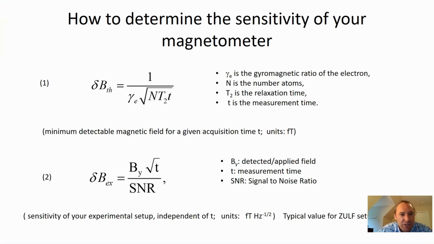Just look at this equation real quick so that you can identify its various components. It's the gyromagnetic ratio of the electron, the number of atoms, the T2 relaxation time of the electrons, and then your measurement time, T.